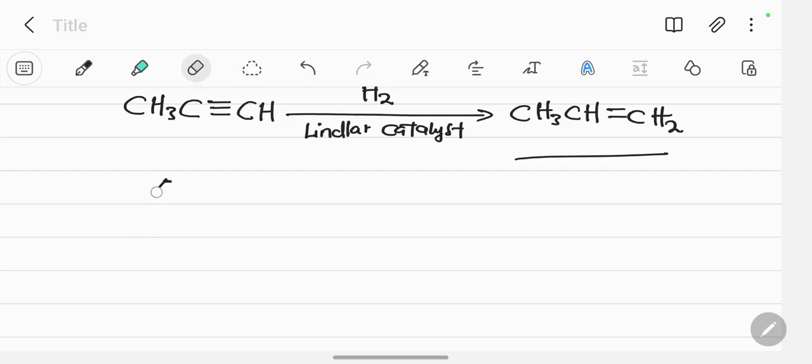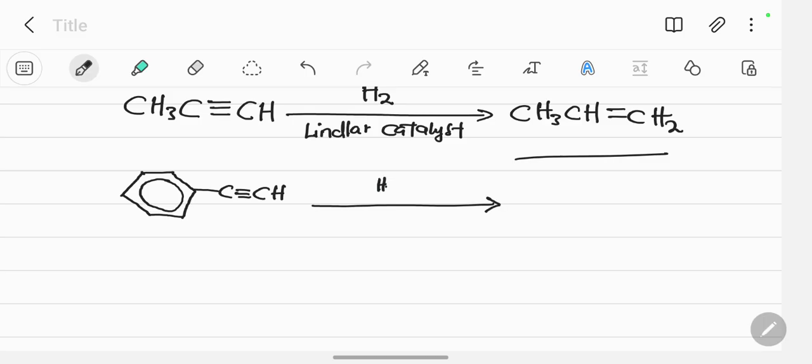This structure should be in the right state. Then C triple bond like that.